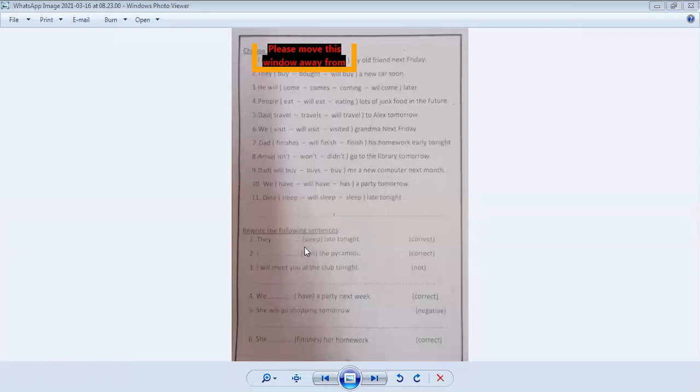We use the verb and we use will. So the answer will be will sleep. Very good, Aitin. Very good, Tariq. Very good, all of you. Malak, very good. So the answer will be: they will sleep late tonight.